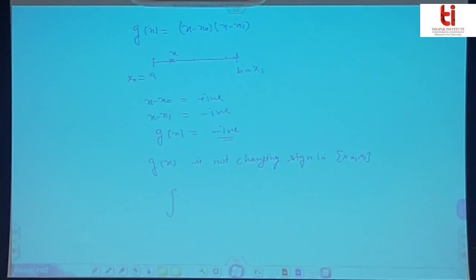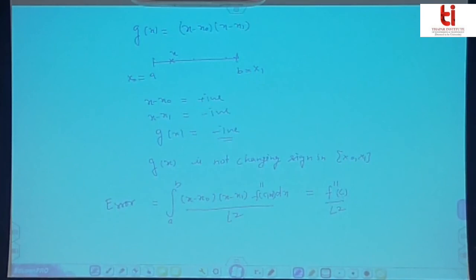So the integration of (x minus x0)(x minus x1) f double dash of c(x) over 2 factorial dx from a to b. Here this c is different from the earlier c; this c is a function of x, varying inside the interval.